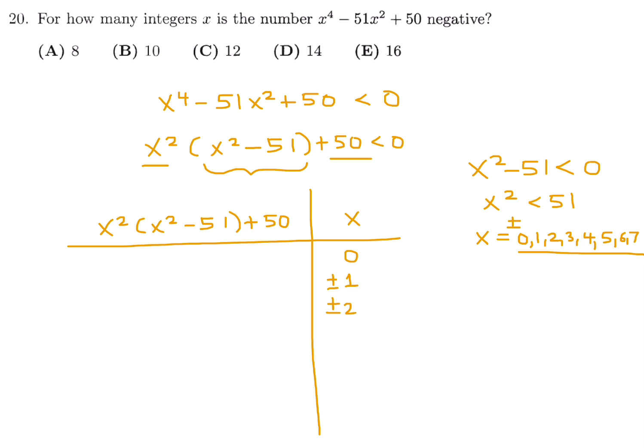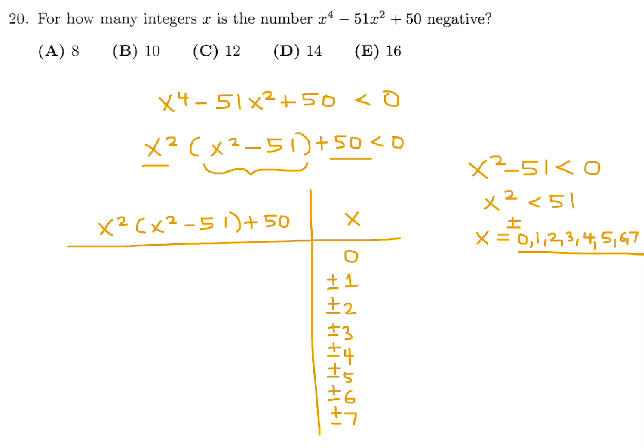And the good news is, if you put in the positive value, it's going to come up with the same result as the negative value. For example, if I substituted x equals 2 into this expression, the result is the same as x equals -2, because you're basically squaring them. So that saves us a little bit of time. ±3, ±4, ±5, ±6, and ±7.